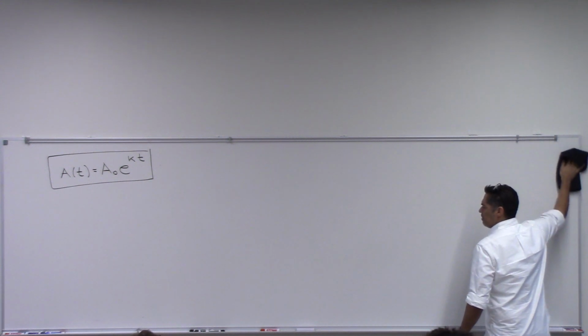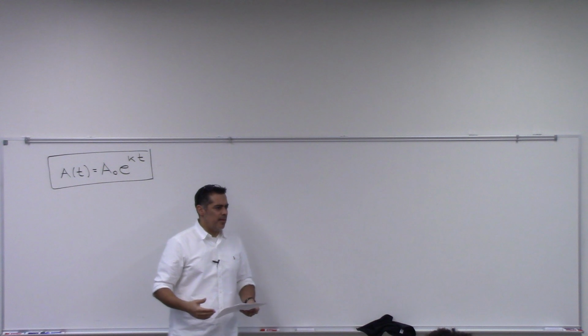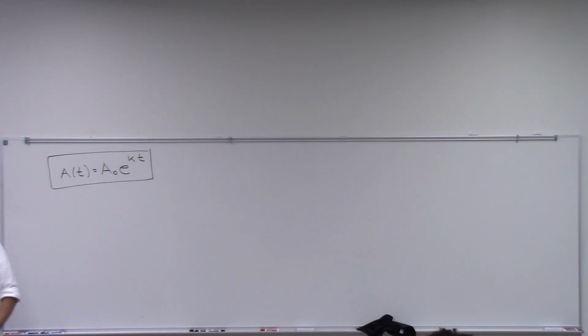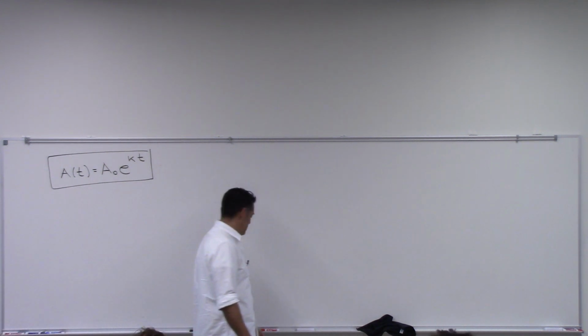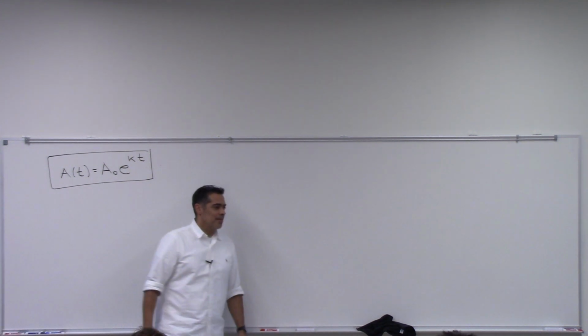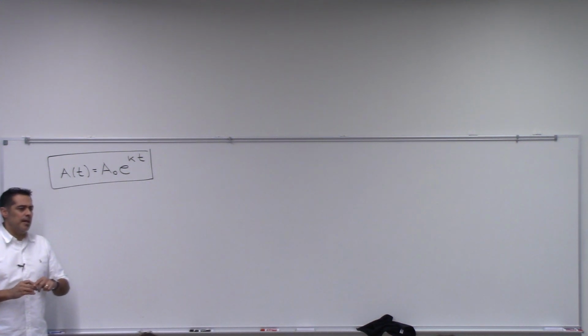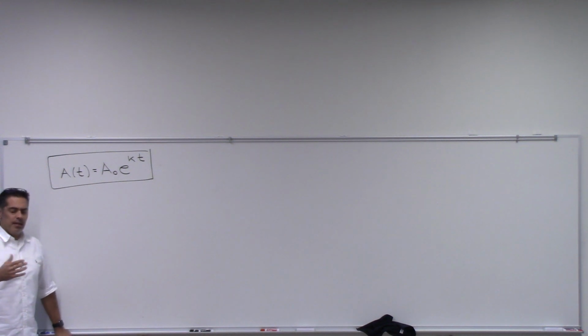How long it takes for something to decay to something else. Okay, yes, anyone want to elaborate on that? So the half-life of something is basically, look, in the universe, certain things start to decay and go away, right?